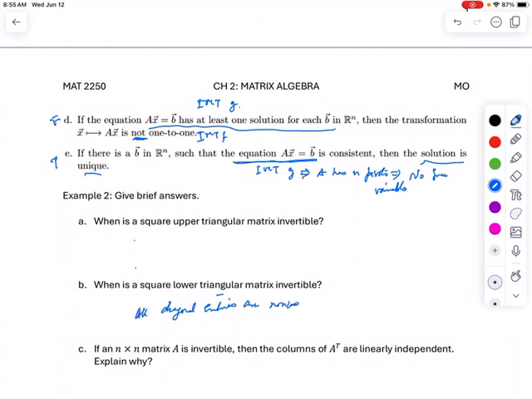Same thing for the first and same thing for the second. All diagonal entries are non-zero.